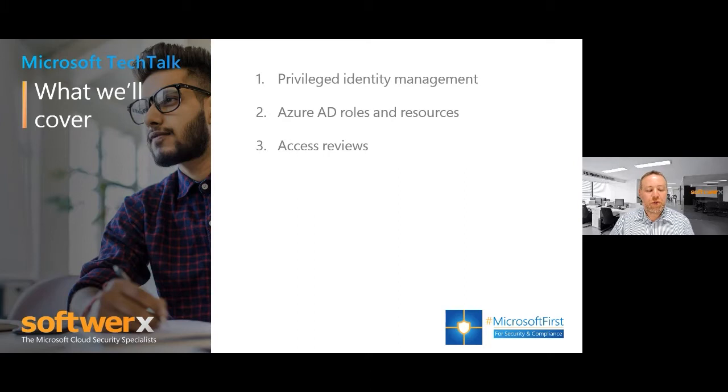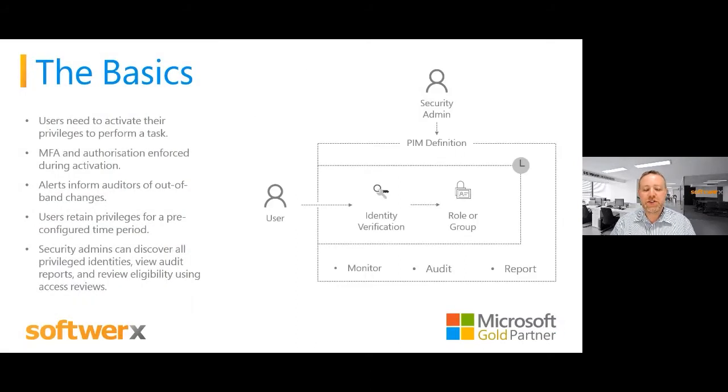Before we go into the live demo, I just want to make sure that everybody's got a bit of background on how this works and what the basic premise is behind this access configuration. Essentially, we're talking about an administrator setting up a policy where users need to activate their ability to perform a certain role or access a certain system or service just in time, at the point they need to perform that role.